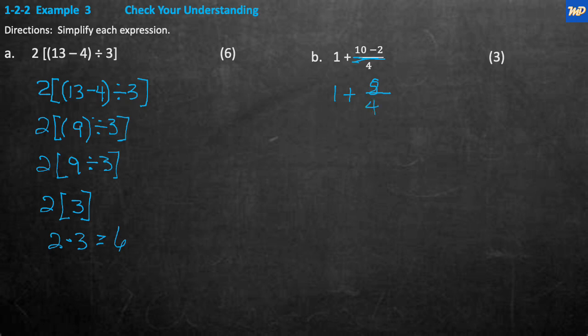So you have 1 plus 8 divided by 4. You still can't add the 1 to anything yet. So we're going to have 1 plus 8 divided by 4 is 2. 8 divided by 4 is 2, and 1 plus 2 is 3.